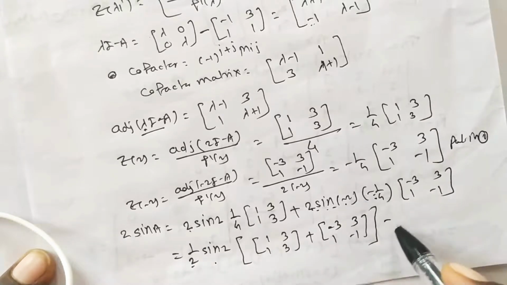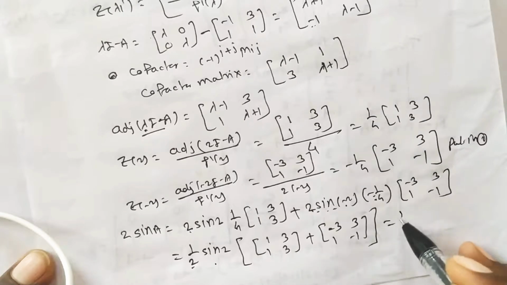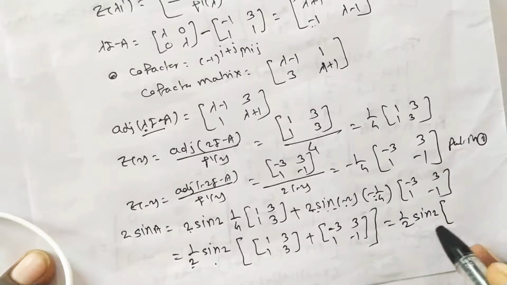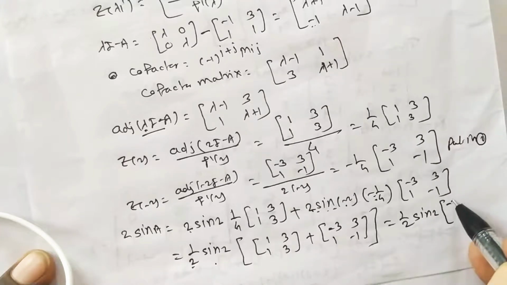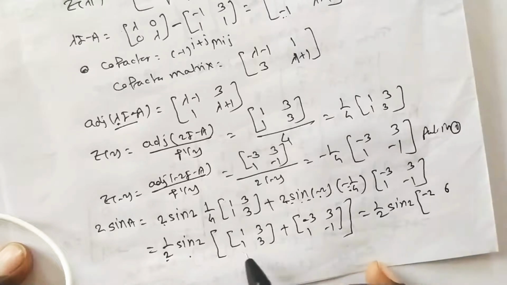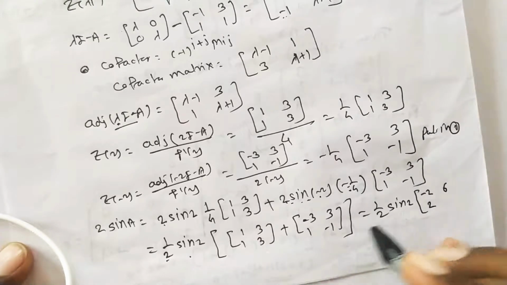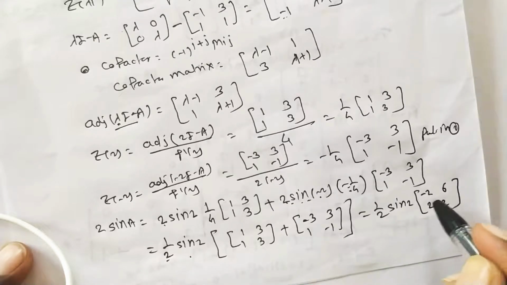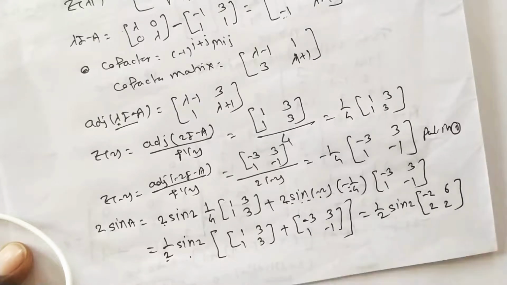Now take the addition of these two matrices. This is equal to 1 by 2 into sin 2 of 1 minus 3 is minus 2, 3 plus 3 is 6, 1 plus 1 is 2 and 3 minus 1 is 2. If you observe this matrix carefully, we can take 2 common.